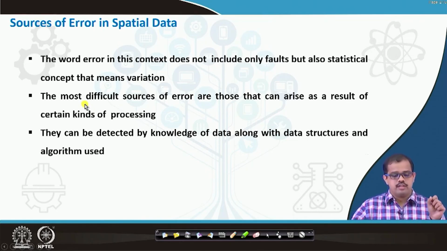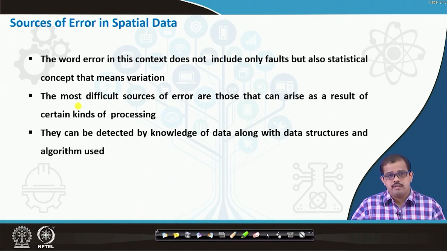The most difficult source of error are those that can arise as a result of certain kinds of processing. Okay, many times we use certain processing when we do not have access to high computing capability systems. So we use an approximate model or processing methods which are computationally not intensive, that can also introduce certain errors into the entire data model.